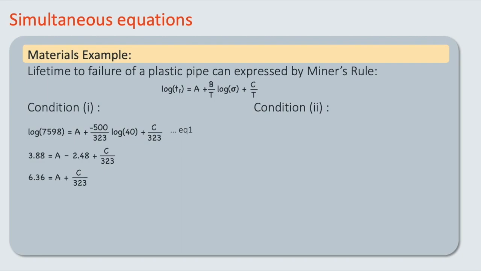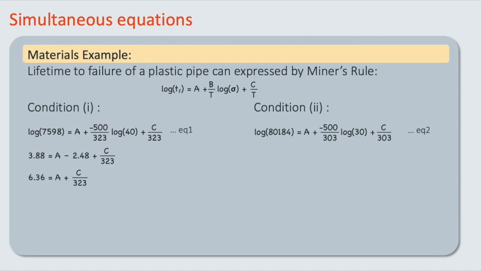And now, take the known parameters for operation condition 2 and insert these into the expression. We get log of 80,184 is equal to A plus -500 divided by 303 multiplied by log of 30 plus C divided by 303. We'll call this equation 2.